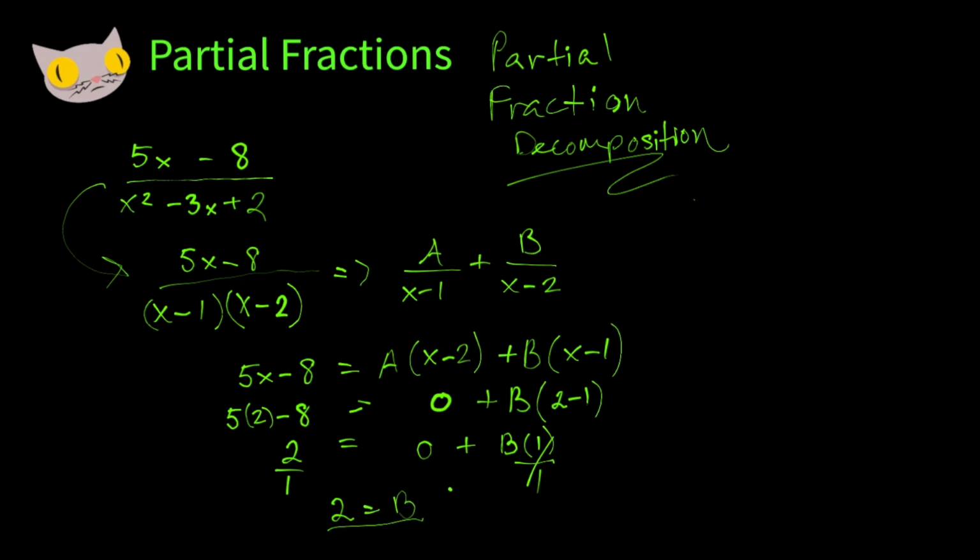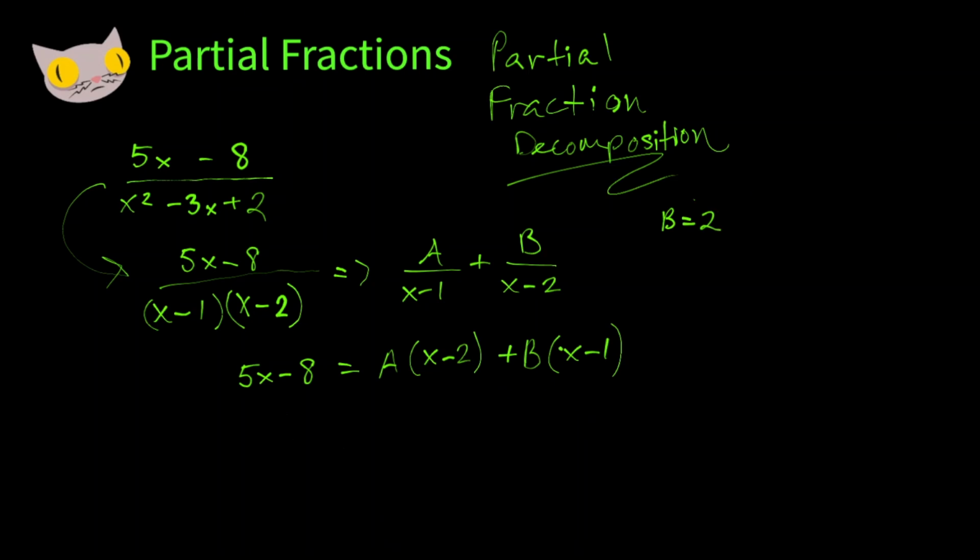Now let's find the other root so that we can find what A is equal to. So let's put B is equal to 2 up here so that we remember. So our root here is just going to be 1. We put a 1 in there, we get 1 minus 1, which is 0. That cancels all this out, so we have 0 plus A times 1 minus 2 is equal to 5 times 1 minus 8. So 5 times 1 is 5 minus 8.